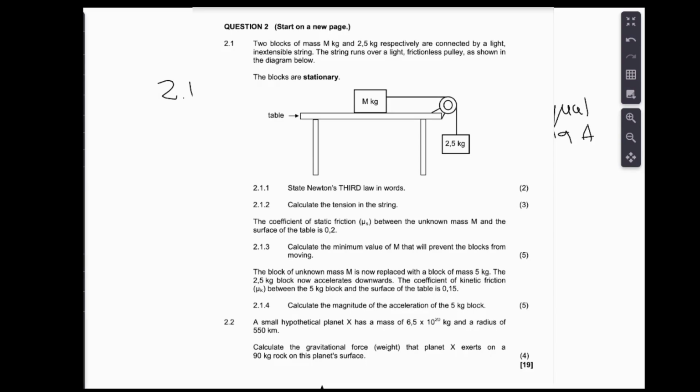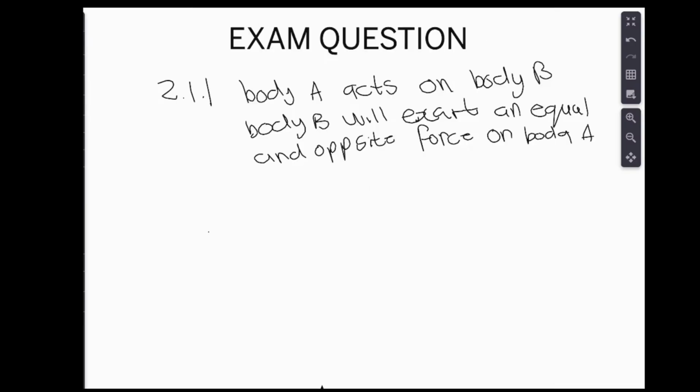Okay, the coefficient of static friction between the block and the surface. But wait, we need to first calculate the tension in the string. Remember, the diagram is stationary.